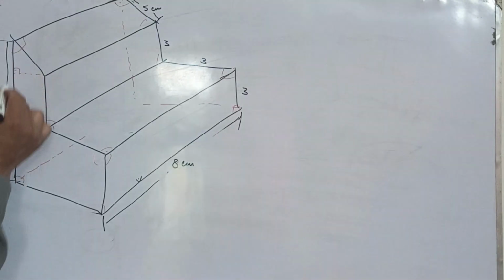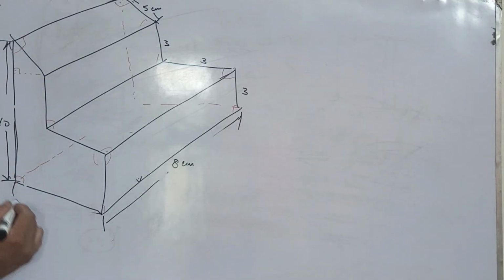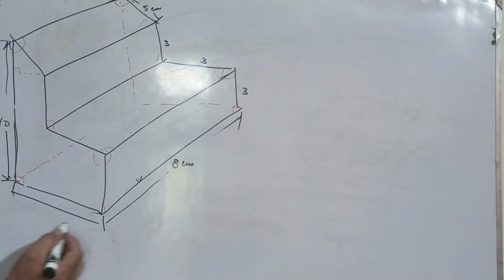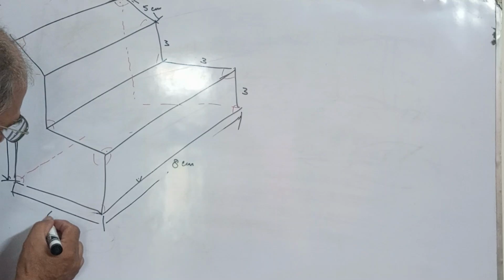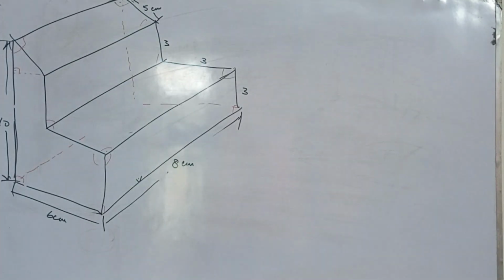This is 10 centimeter from here to here. The width is 6 centimeter. And this is all which is given in this diagram. So what we have to calculate is the total surface area and volume of this figure.